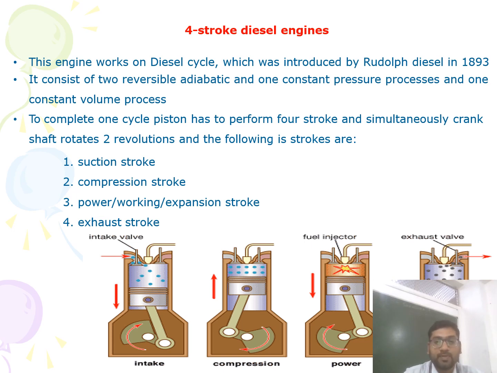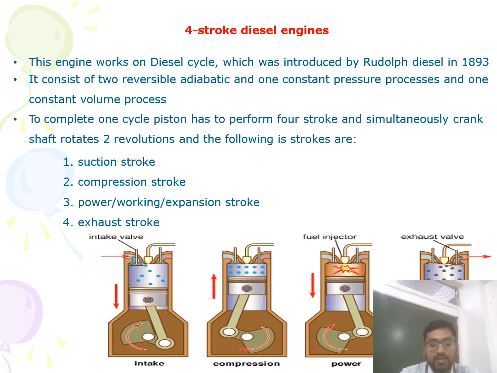The constant pressure combustion process is represented by the horizontal 2 to 3 line in this PV diagram. Third stroke, students, the power, working or expansion stroke. During this stroke, both the inlet and exhaust valves remain closed. The piston moves from TDC to BDC.